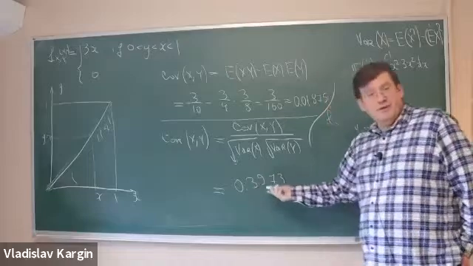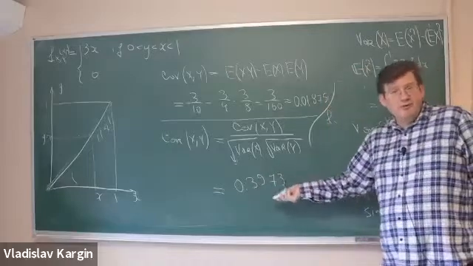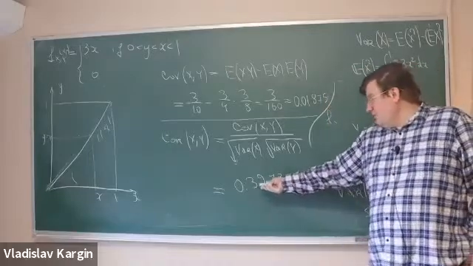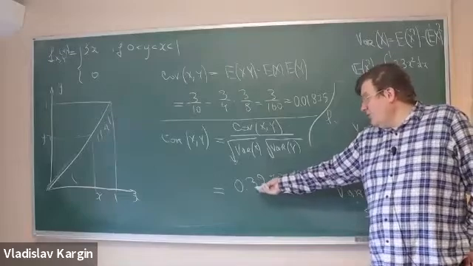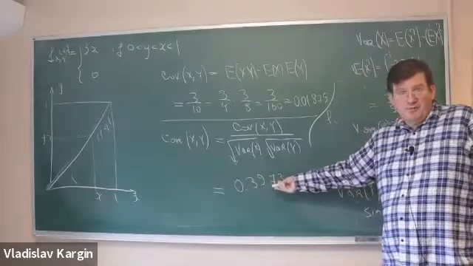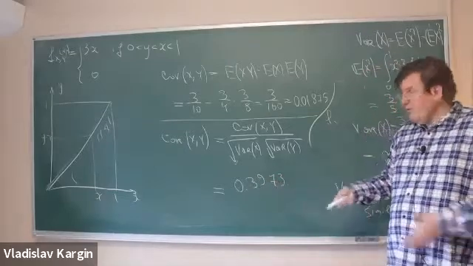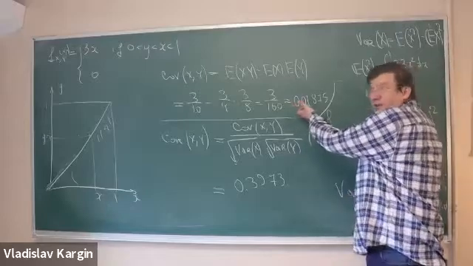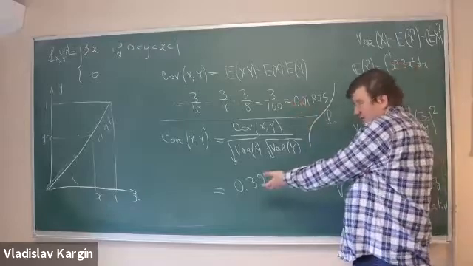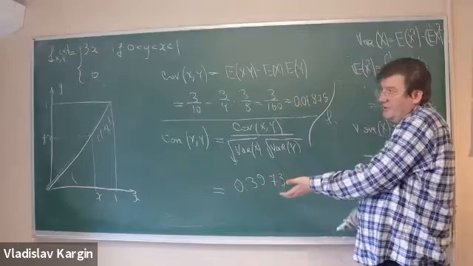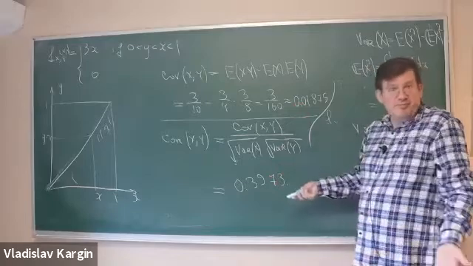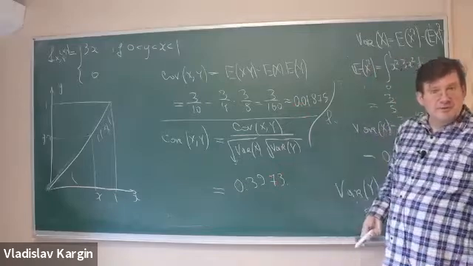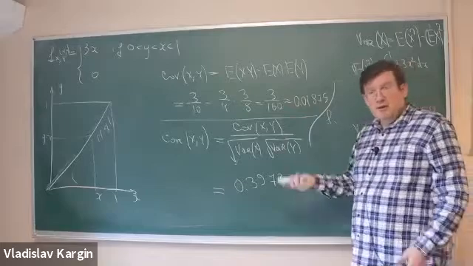This is almost one half, about 2/5. You can see this is much more informative than just 1/100. This says that it's almost a half correlation between X and Y, so they are pretty correlated random variables.